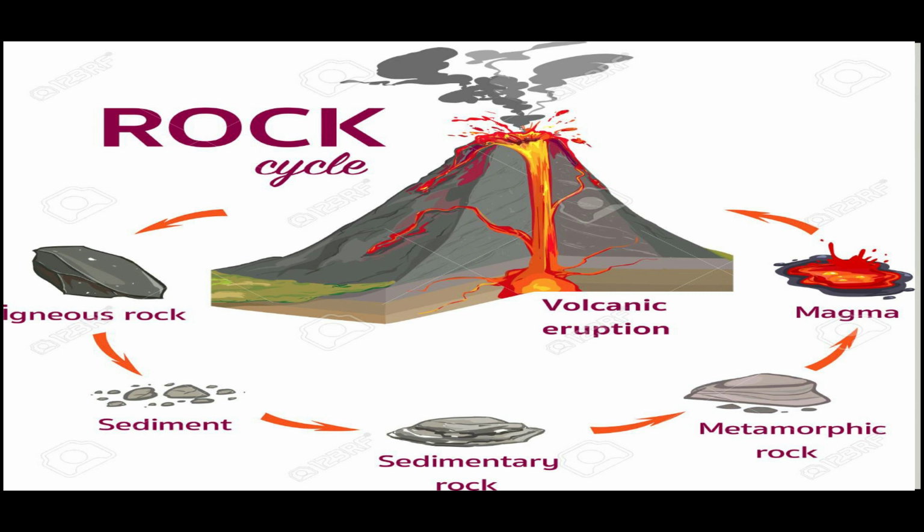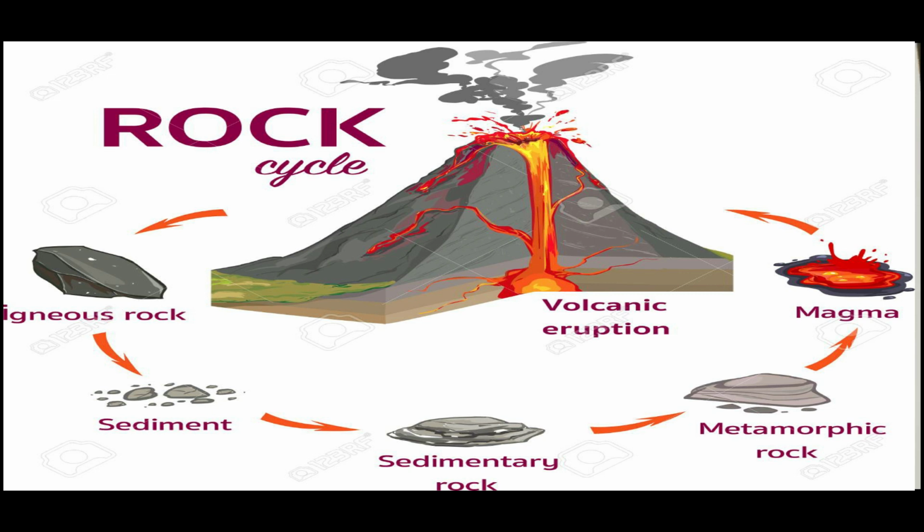These sediments settle and become a layer, and later they become really hard. That creates a sedimentary rock. If this sedimentary rock is put under a lot of pressure and heat, it will change into a metamorphic rock.